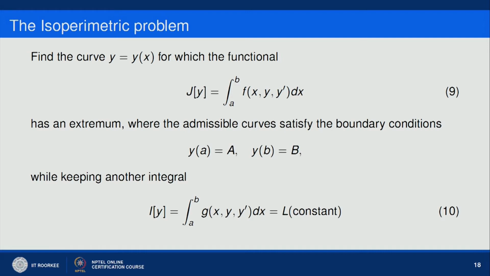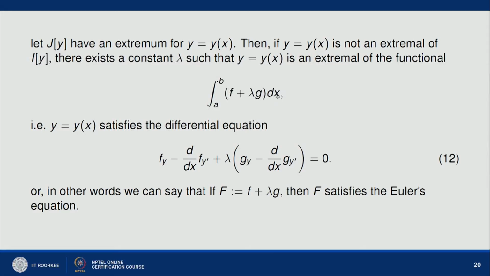Here, to find the condition on this extremal curve, we show that the extremal will be an extremal of another functional, that is the integral from a to b of f plus lambda g dx, provided this extremal curve y equal to y of x is not an extremal of the other functional, that is I of y.